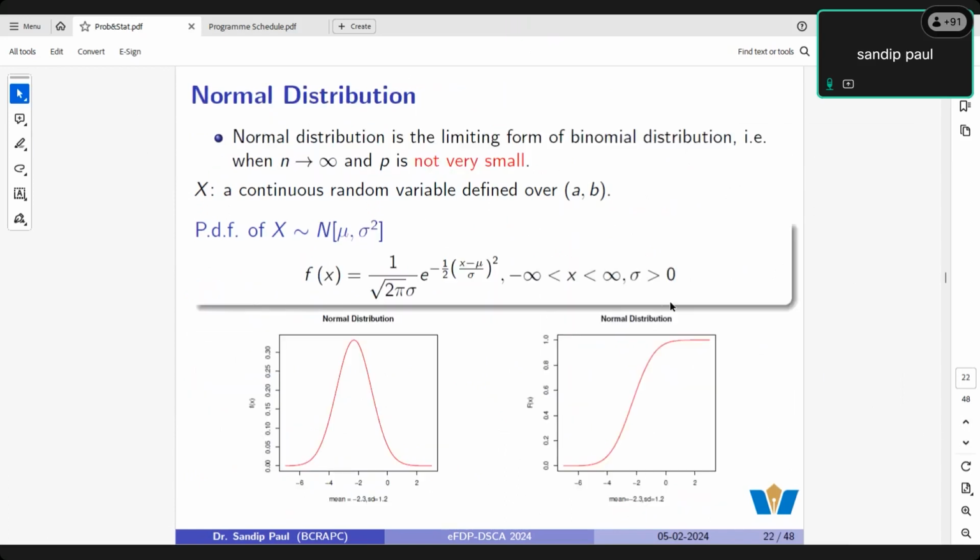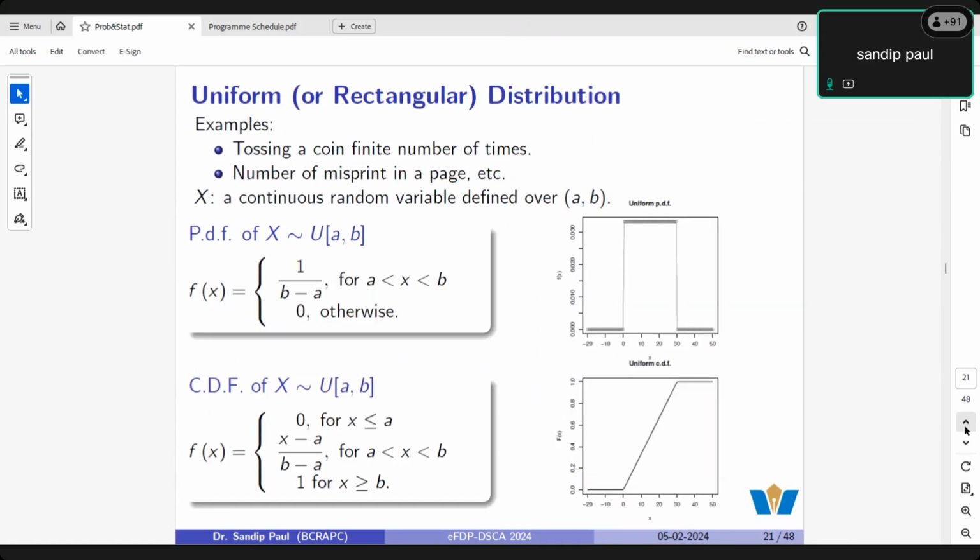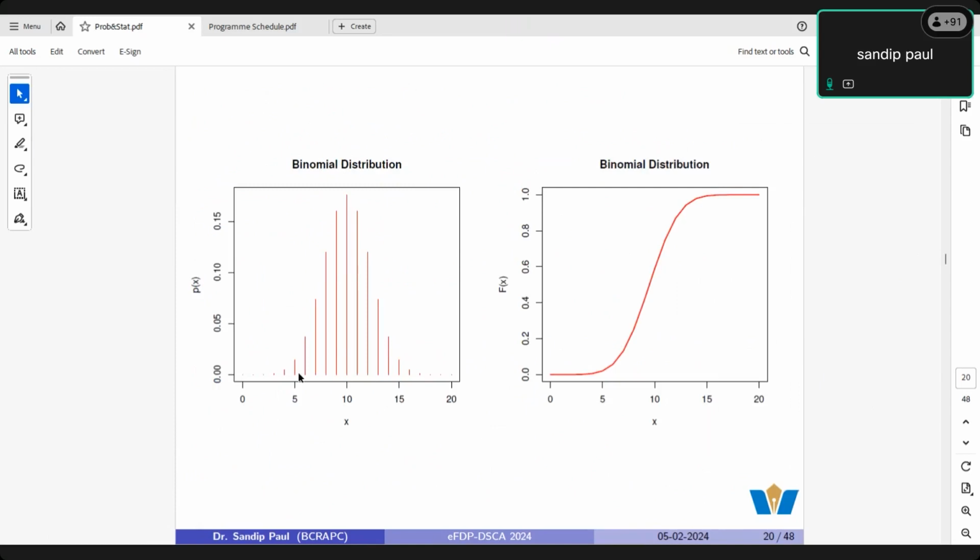Now the most important and most required distribution in data science is the normal distribution. Normal distribution says, if we consider the binomial distribution we have seen, where the number of trials is finite, I am moving to that distribution once again. You can see here in the leftmost graph, we have performed the experiment only 20 times.